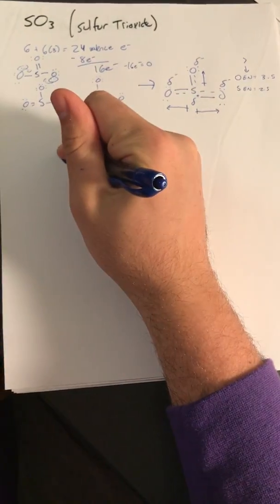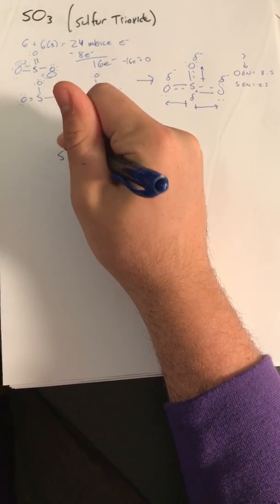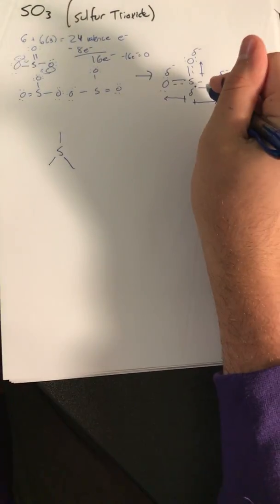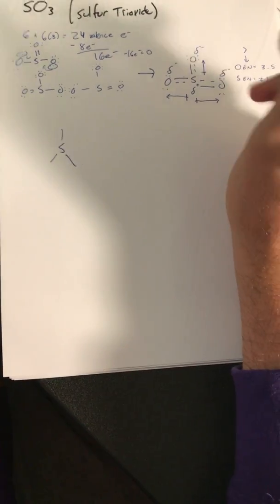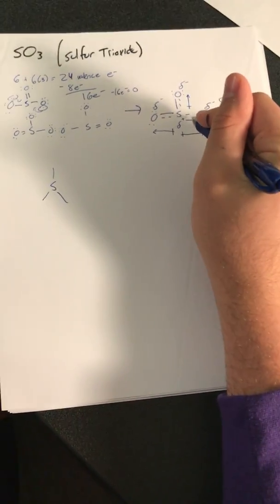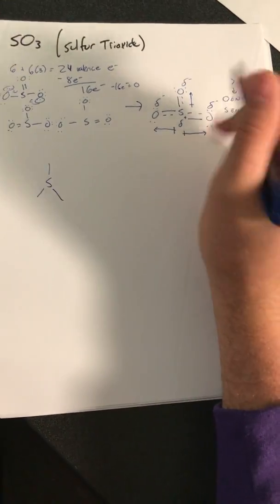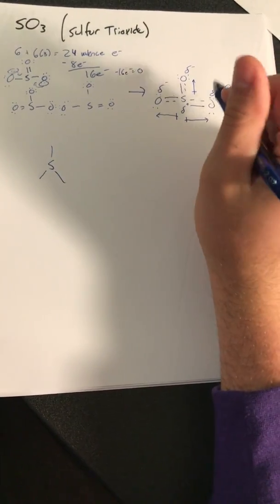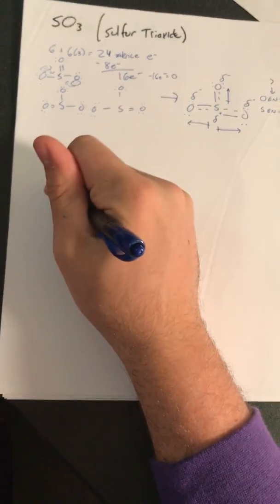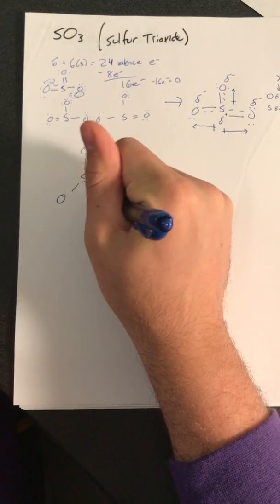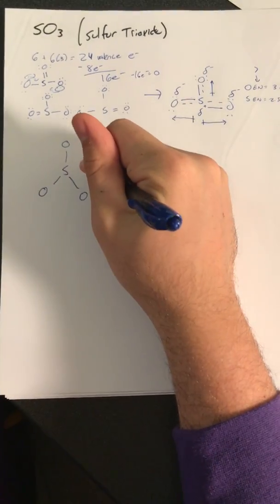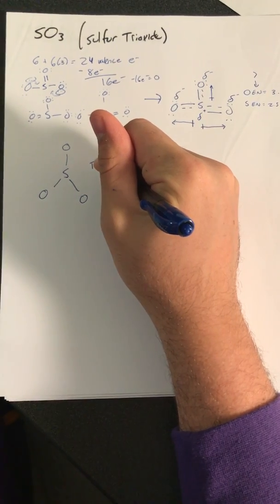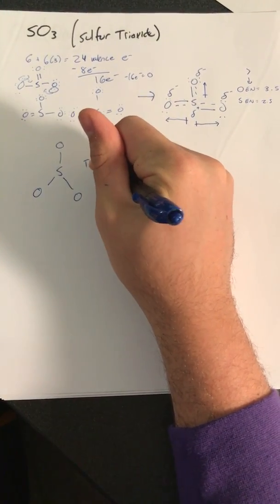So since the central atom, sulfur, has 1, 2, 3 domains seen by these 3 sets of bonds, keep in mind too that even if this is a single, double, triple, quadruple bond, that's still considered one domain. So here is our molecule and its geometry, and that is going to be a trigonal planar geometry.